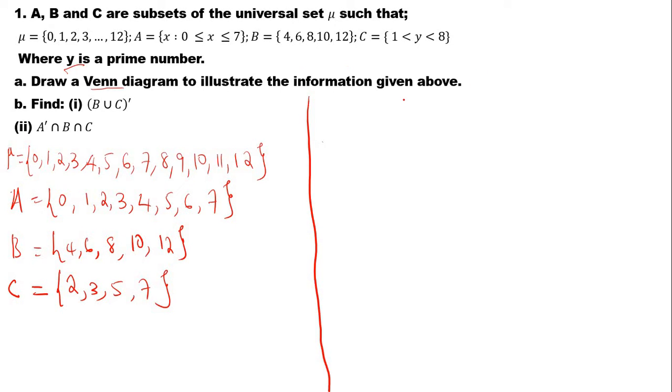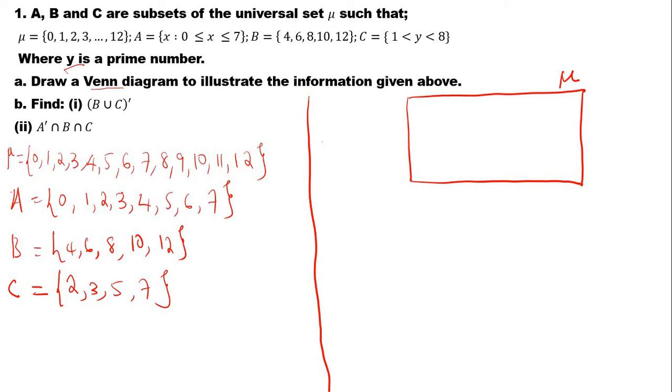So to do that, I have to draw the rectangular box for the universal set. Okay, so that is it. Now before I put the subsets, I need to study the subsets, know what they have in common, and know whether they are joint or disjoint sets.